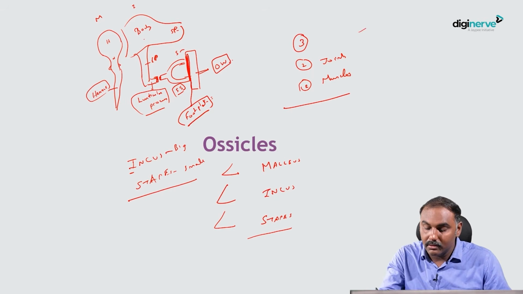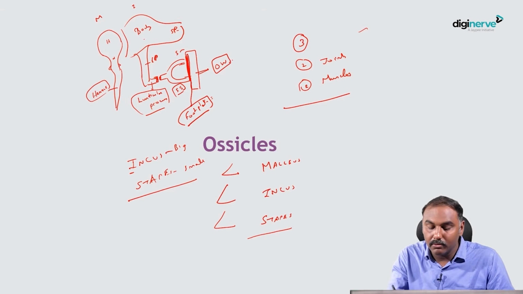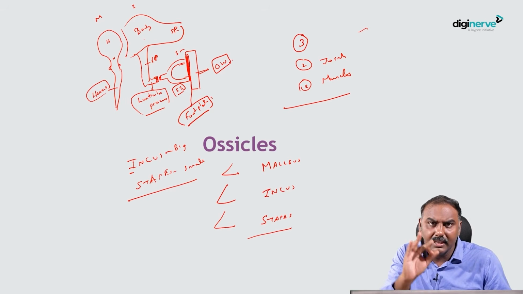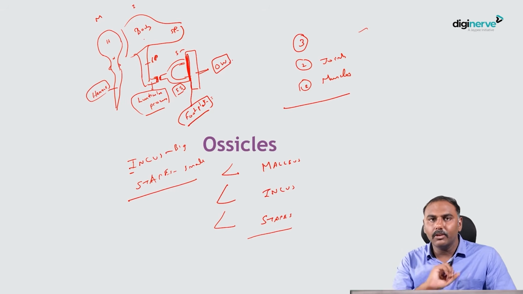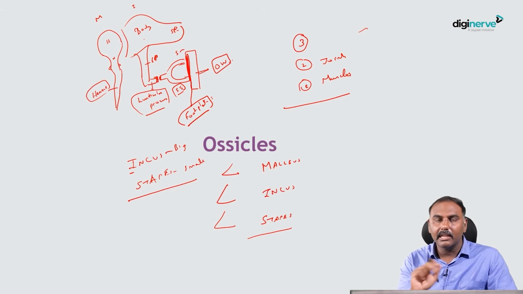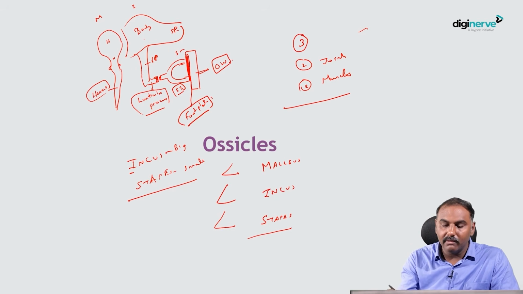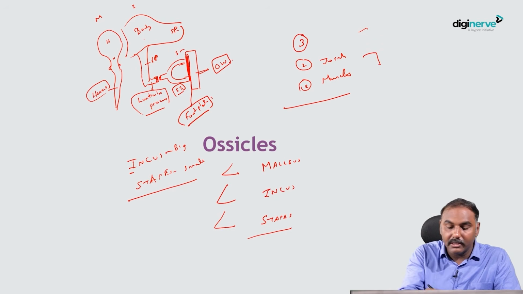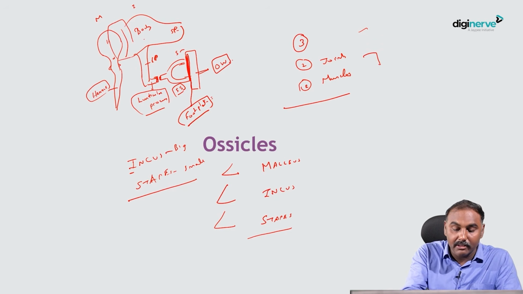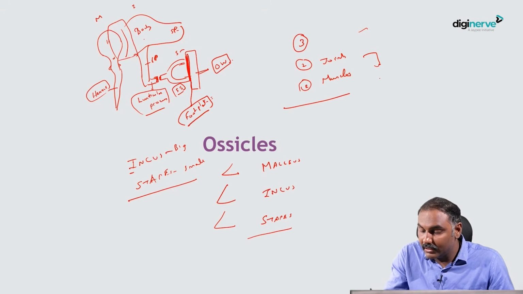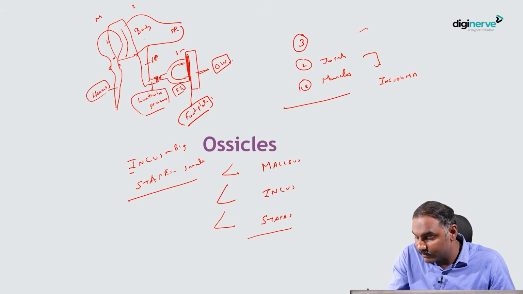The next MCQ they will ask here is, so we said 3 bones. 3 bones means how many joints will be there? There will be 2 joints. One will be the incudo-malleal joint. Between the Malleus and the Incus, we have a joint, we call it incudo-malleal joint, that is IM joint.